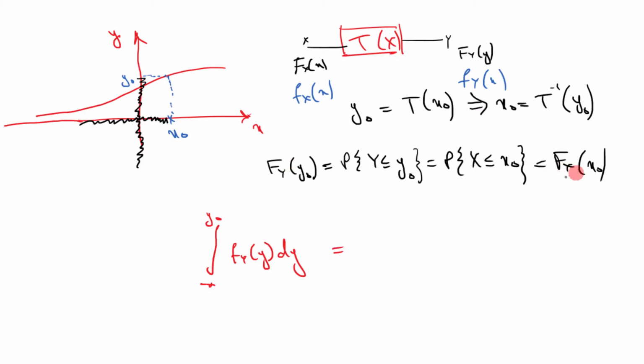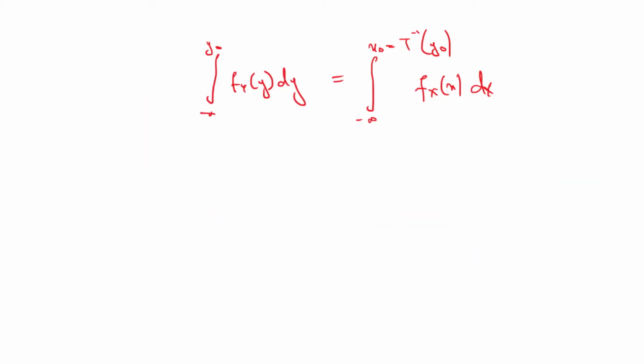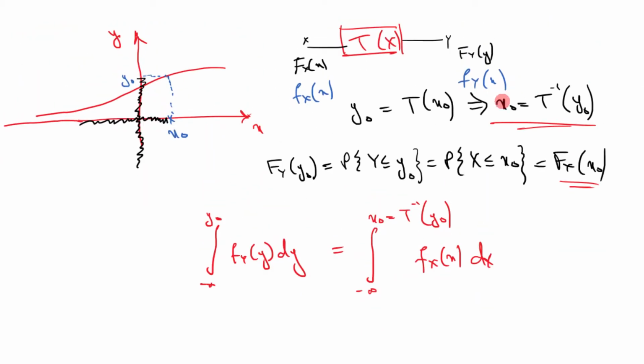This is equal to F_X of x naught, which can be represented as the integral from minus infinity to x naught, which is equal to the inverse transformation of y naught, of f_X of x dx. Now, as is clear from this diagram, if you differentiate this distribution, you will get the density functions.